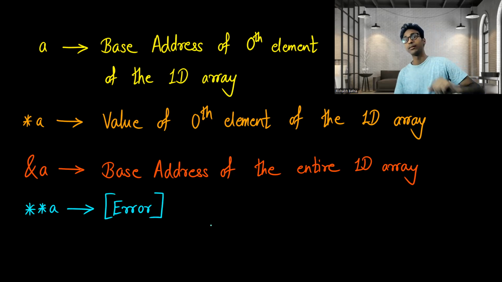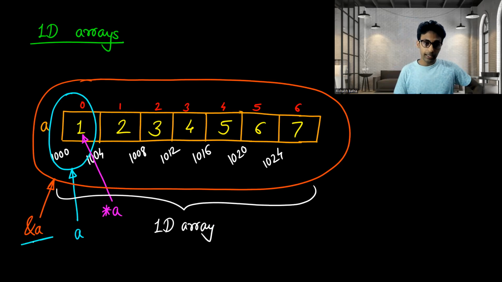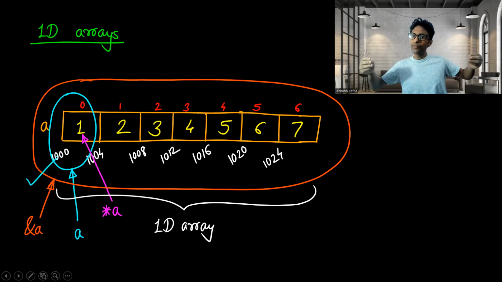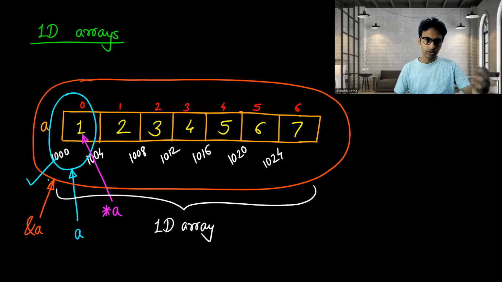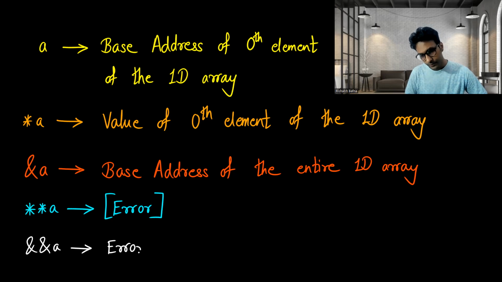Next thing you need to explore. What will be & of &A? Right now, &A indicates the base address of the entire 1D array. Now, if you put & again, it will give you an error. Let's write it out. & of &A will also give you an error.